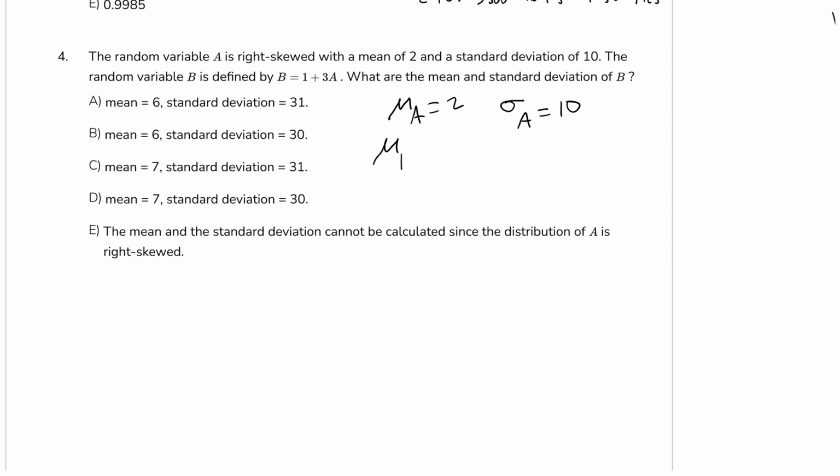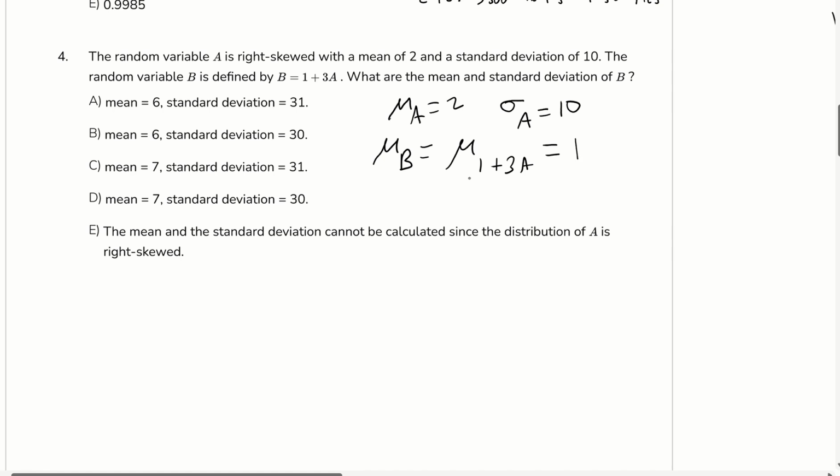So to do the mu of B, that's the mu of 1 plus 3A, right? Now remember, if you add, here you're adding 1, so if you add 1 to each of the values, that's going to influence the mean. So if I add 1, I'm going to have to add 1 to the mean.